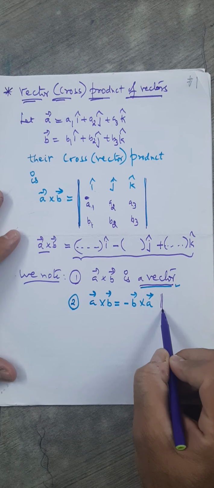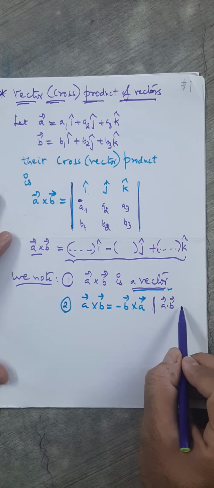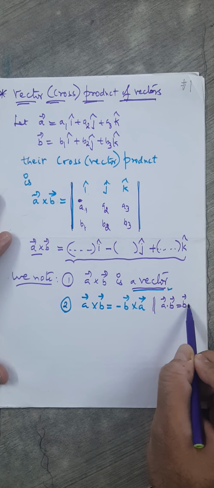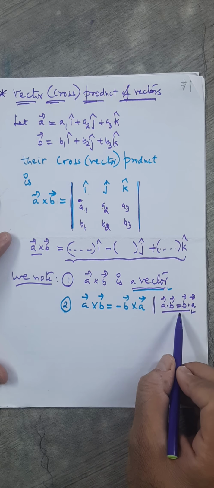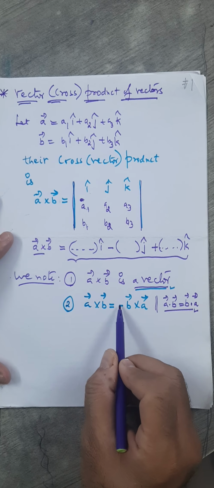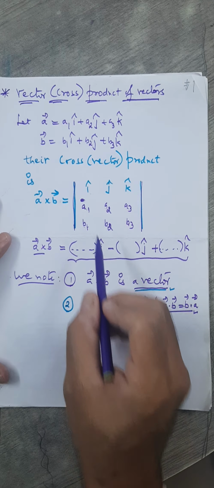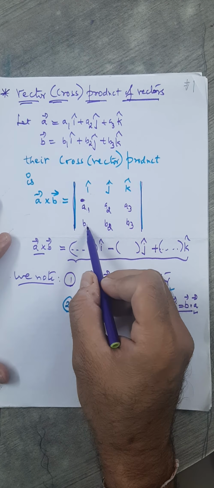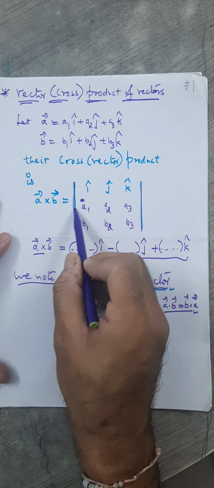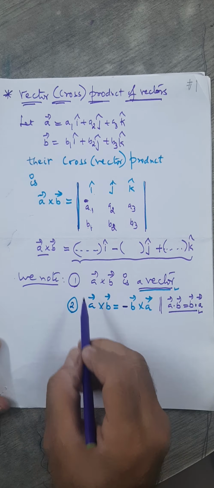Just recall the dot product: vector A dot vector B equals this dot this. These two are equal. Dot product is commutative. Here, if you change the order, you have a minus sign. Why? This just follows from the property of the determinant. If I write B cross A, then these two rows will get interchanged, so obviously you have a minus sign in front of this. Fine. So this is the second one.